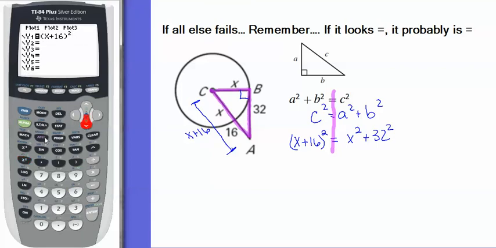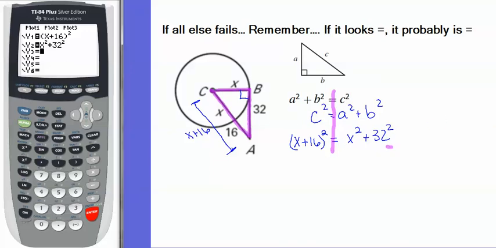And I'm also going to write in x squared plus 32. Oop, I forgot the squared. 32 squared. Now, I'm going to double check these numbers, make sure I'm right. X plus 16 squared, x squared plus 32 squared.